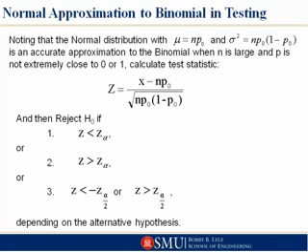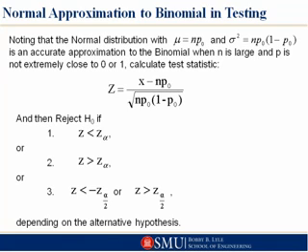Since we're dealing with large n and saying that normal is a good approximation, we can turn our attention to the z-score: x, the observed number of successes, minus the mean, n times p naught, divided by the standard deviation, to determine how many standard deviations away from the mean x is. Then we reject the null hypothesis if the associated z-value is less than negative z alpha, for an alternative saying the real proportion is less than the hypothesized one.